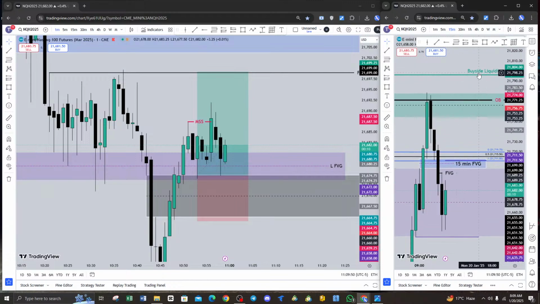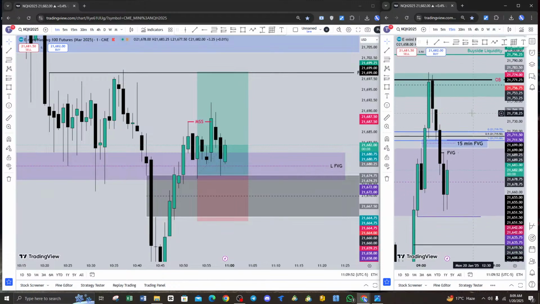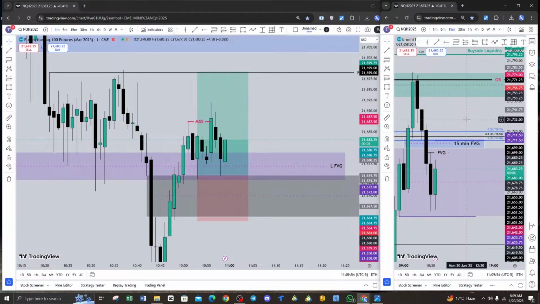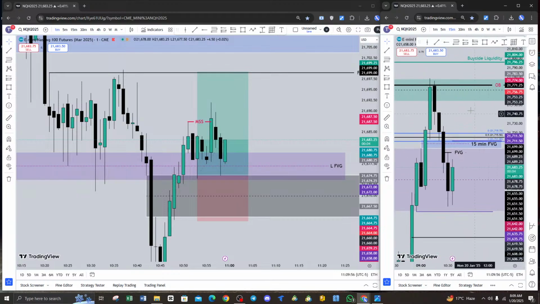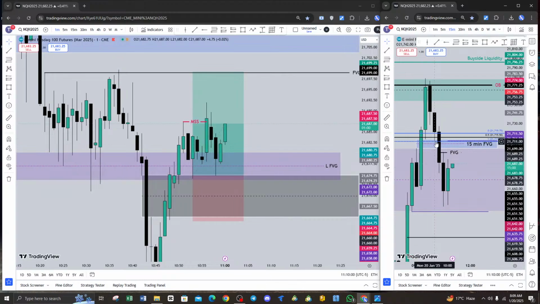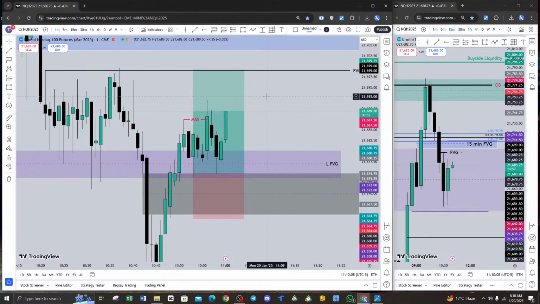I want to target this buy side liquidity, and today there will be manipulation as today is Monday. Sorry, today will be consolidation. Okay, sorry guys. So let's see what this market does. I will be hoping the market will go until that level.